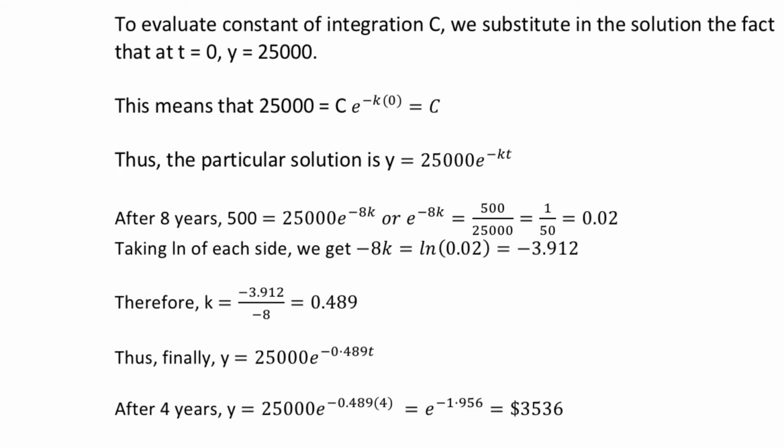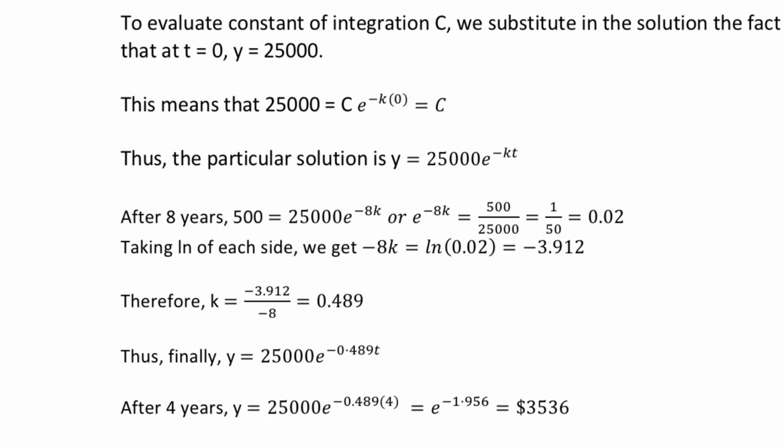To evaluate constant of integration c, we substitute in the solution that t is equal to 0 at y equal to 25,000. This means that 25,000 is equal to c into e raised to the power minus k into t, which is 0. This is c.